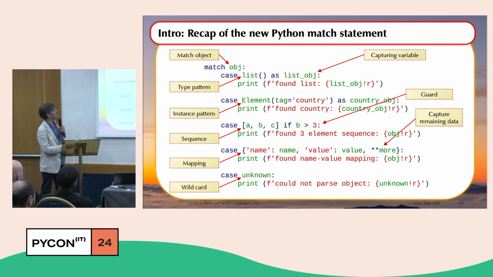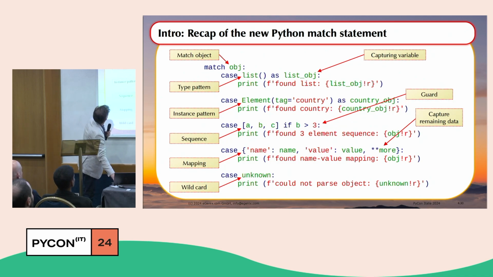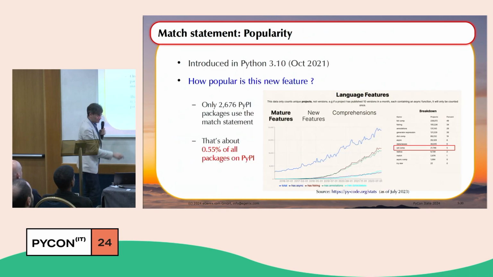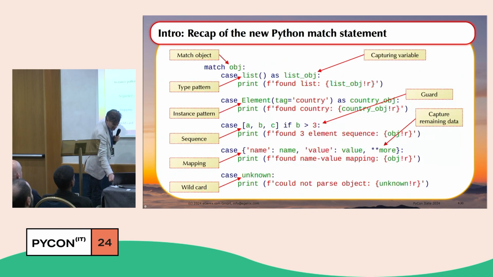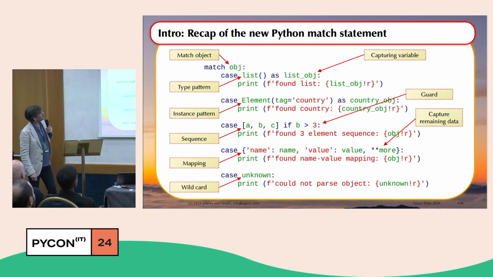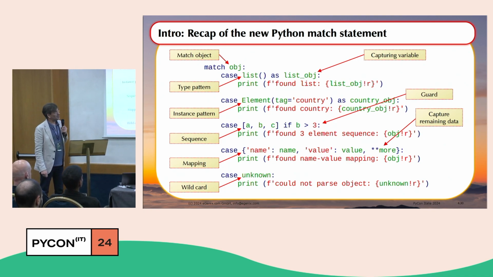So everything starts out with the match object, which is up here. So up there, the object obj, that's the match object. That's basically what you want to match. And then you have all these patterns in here next to the case.